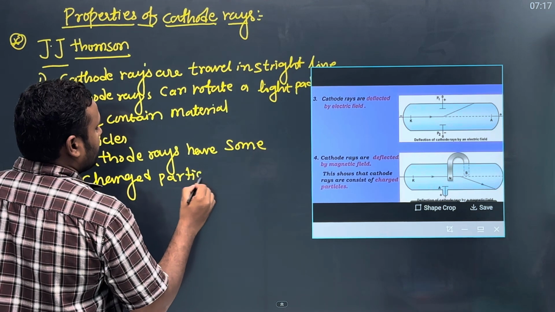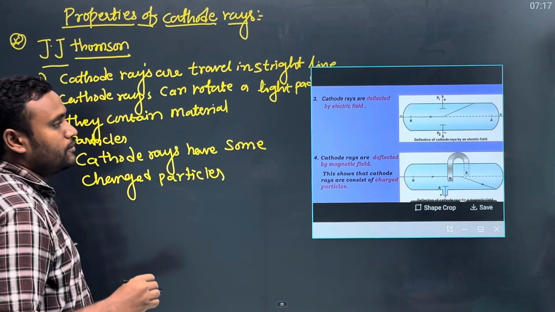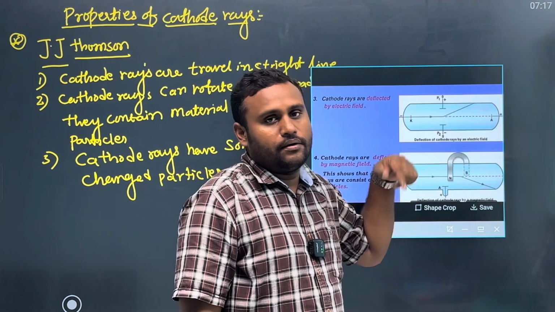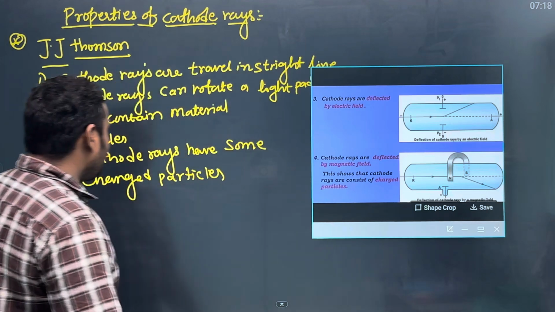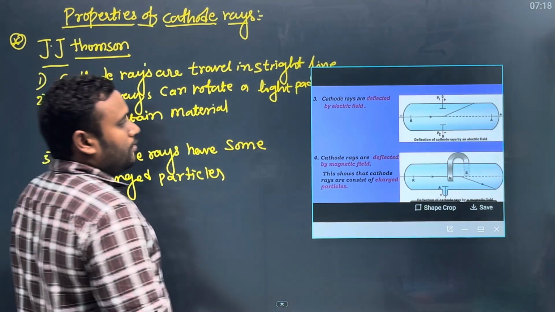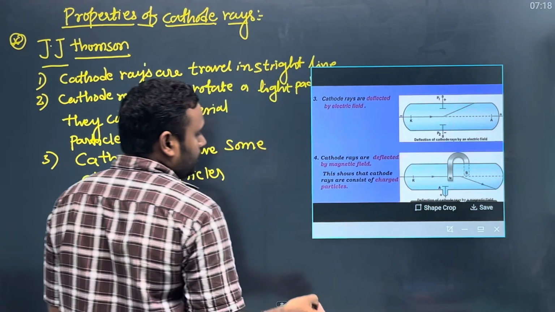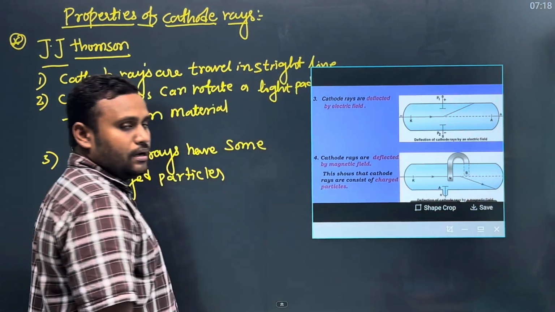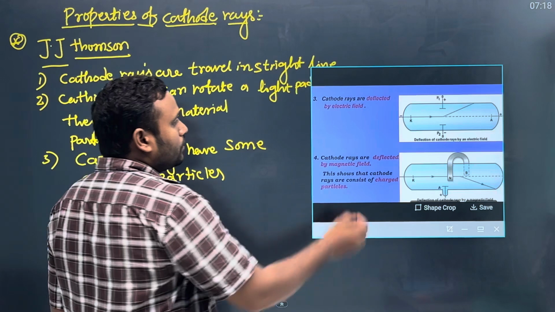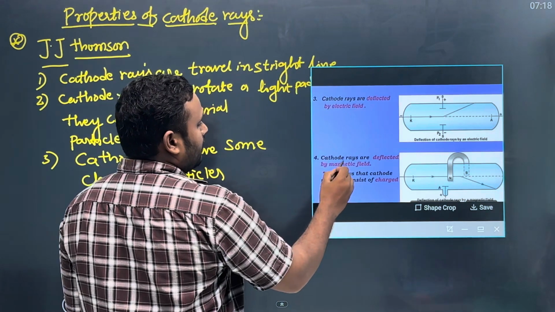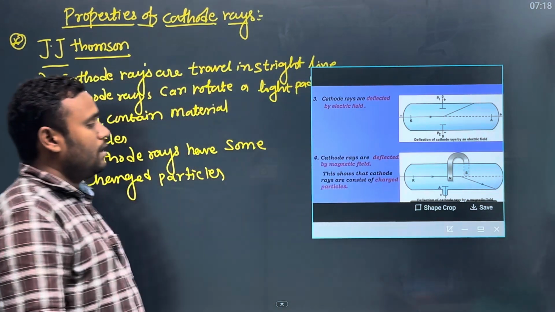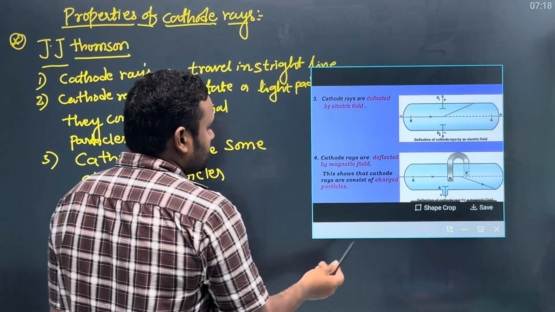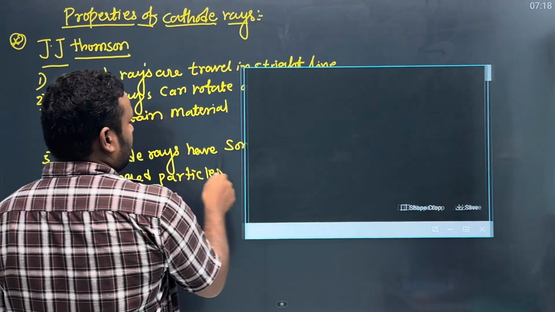Because they interact with the electric and magnetic field. In the presence of an external electric field, they move towards the positive plate. In the presence of an external magnetic field, they move towards the north pole. Cathode rays are deflected by the electric field and also by the magnetic field. This shows cathode rays consist of charged particles.